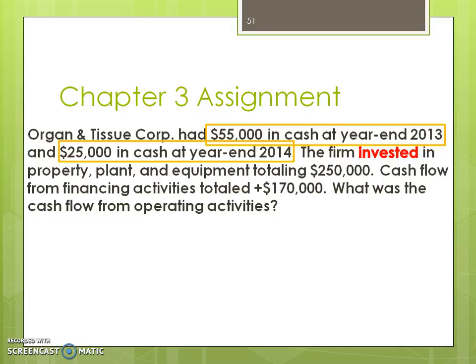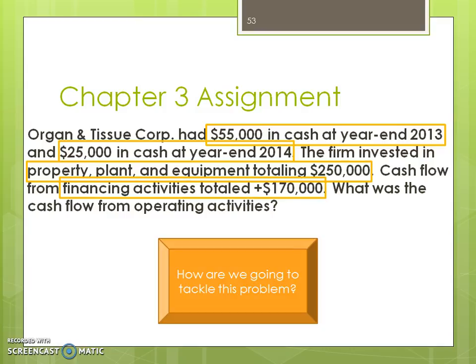That's going to be a very important word. So the firm invested in plant, property, and equipment totaling $250,000. So invested, keep that in the forefront of your mind. Then our last variable is financing activities that totaled a positive amount of $170,000.